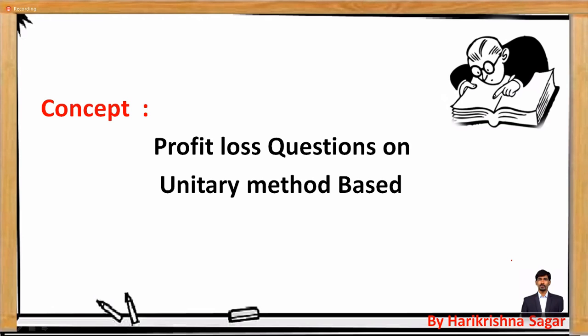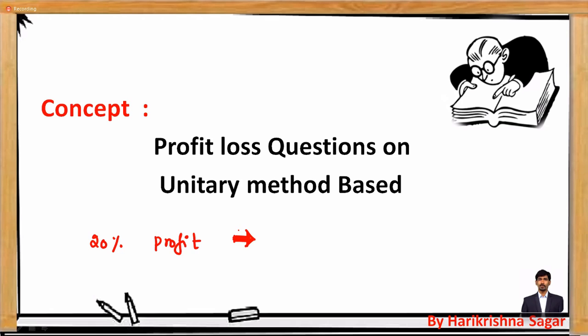If you look at a question related to unitary method, for example, if you have information that a person made 20% profit, how can we take it into the overall value?